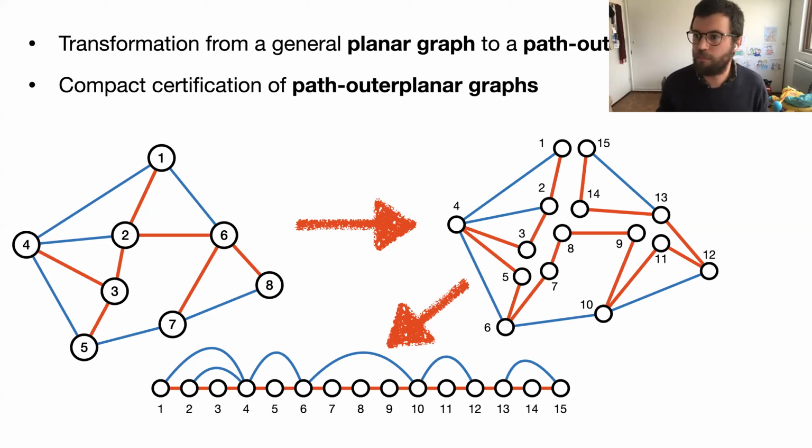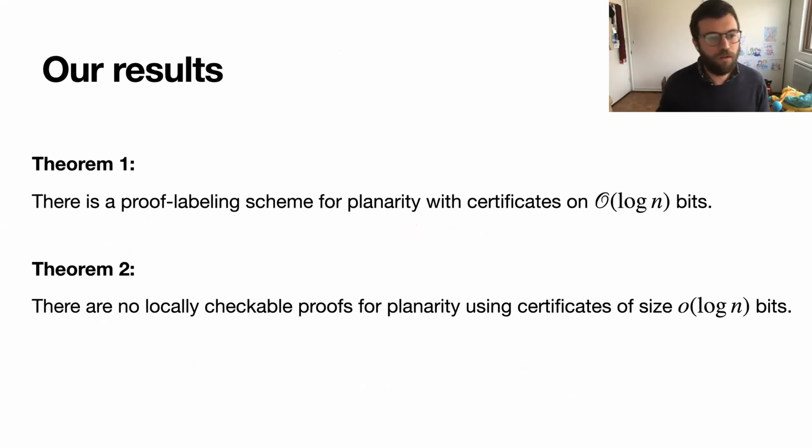So I invite you to see my full presentation for those details. And then the second part is the compact certification for path-outerplanar graphs. And all of that we can do with only log n bits per node. So that roughly explains the upper bounds.